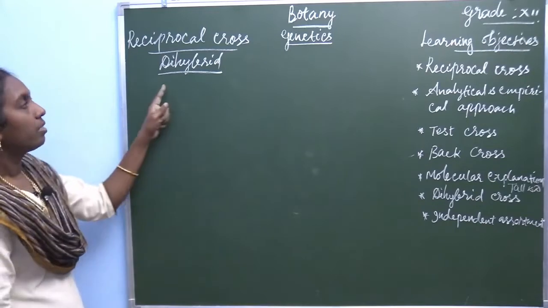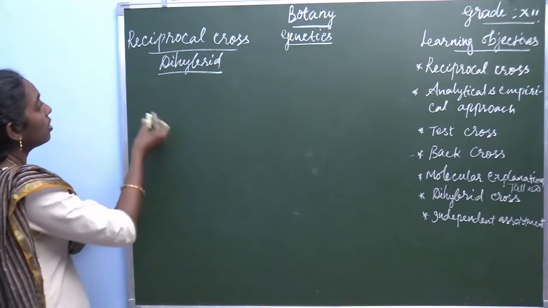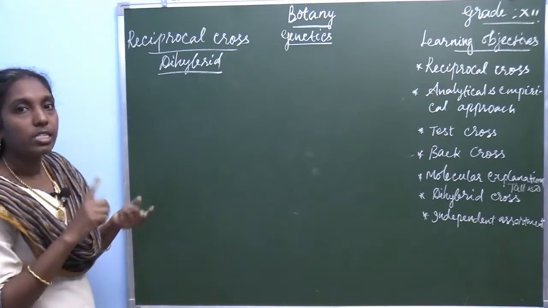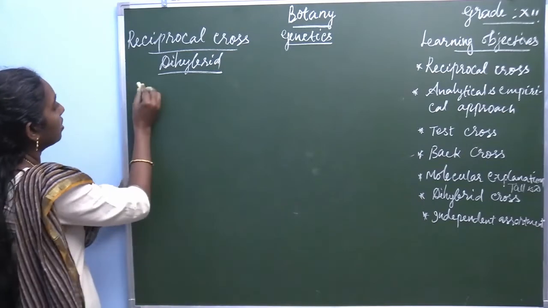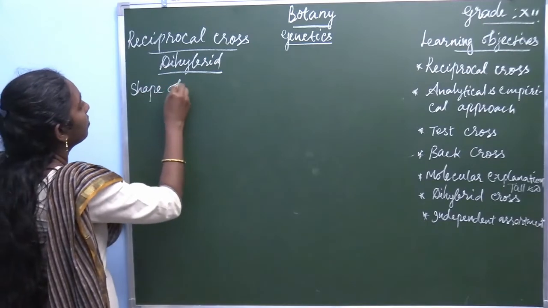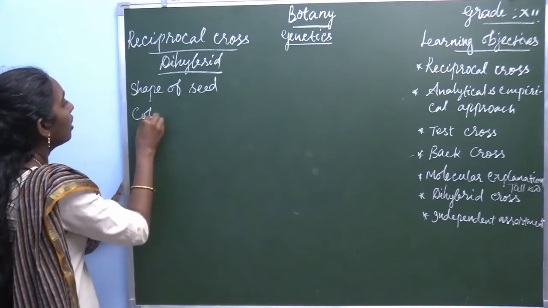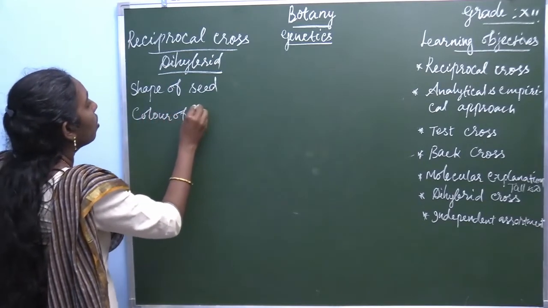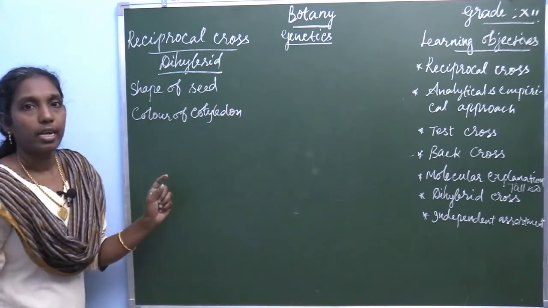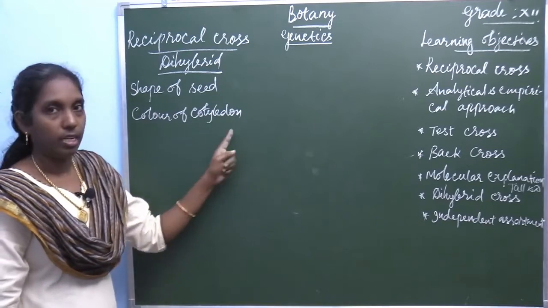In dihybrid inheritance the characters selected are round yellow; there are two characters: the shape of the seed and the color of the cotyledon. What are the characters? The shape of the seed and color of cotyledon.